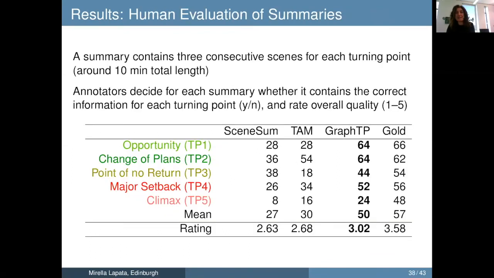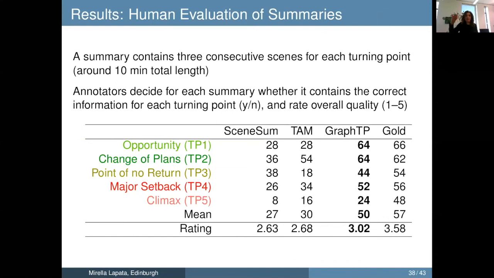A summary will contain 3 consecutive scenes for each turning point, and this is around 10 minutes total length. We give this summary to people, and the person sits and watches the summary. And then you ask them to decide for each summary whether it contains correct information for each turning point.